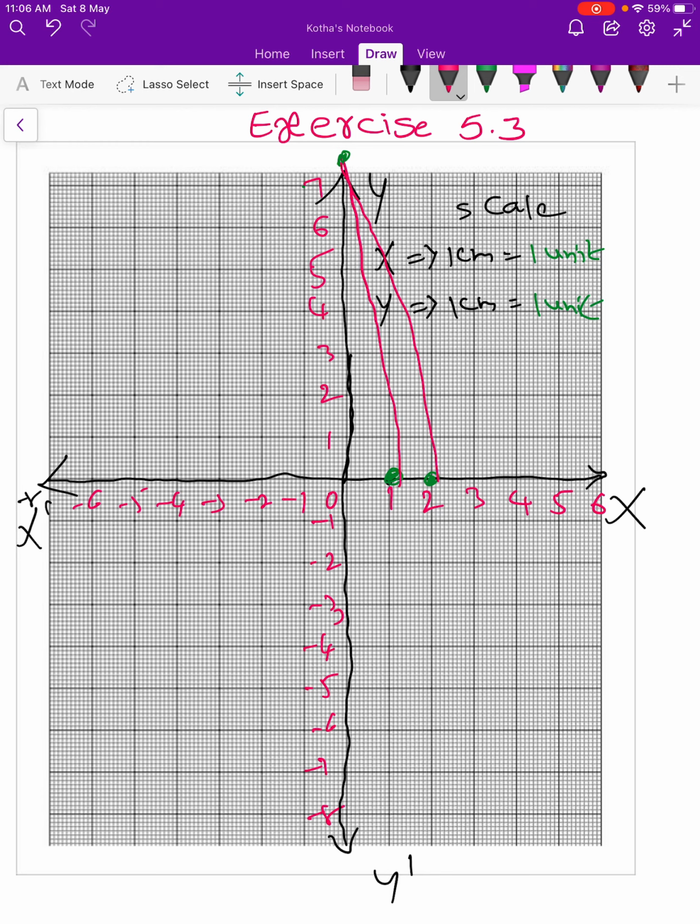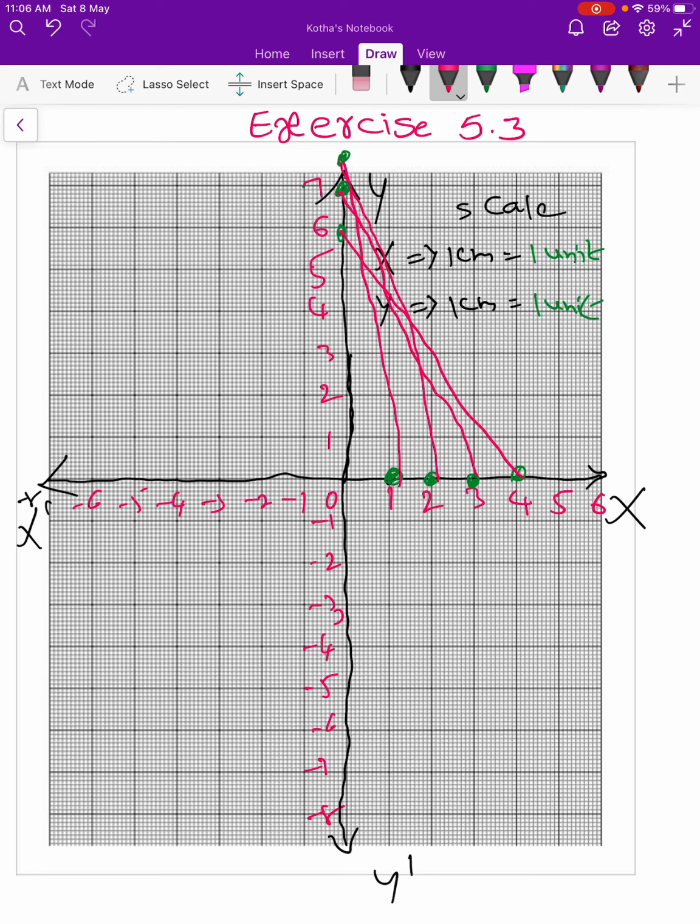Next 3, 0. This is 3, 0. And 0, 7. So this is 7. If we join these 2 points, it comes something like this. Next 4, 0. This is 4, 0. And 0, 6. This is 0, 6. So if we join these 2, it comes like this.